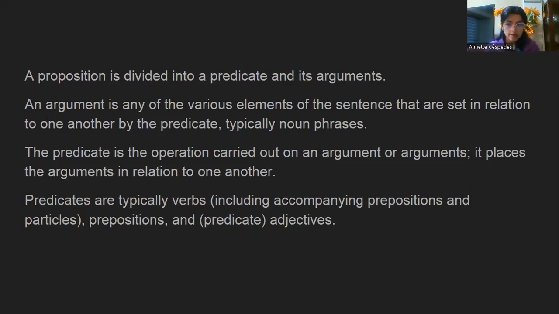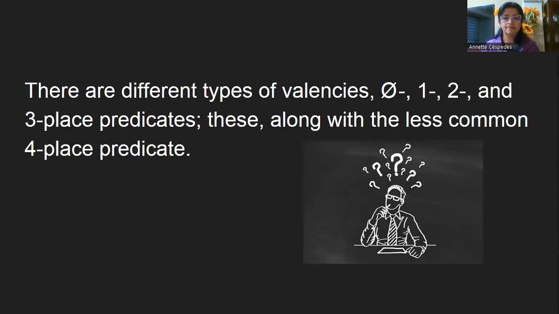Now, predicates are typically verbs, prepositions, and adjectives. Now, let's see that there are different types of valencies: 0 place, 1 place, 2 place, and so on.